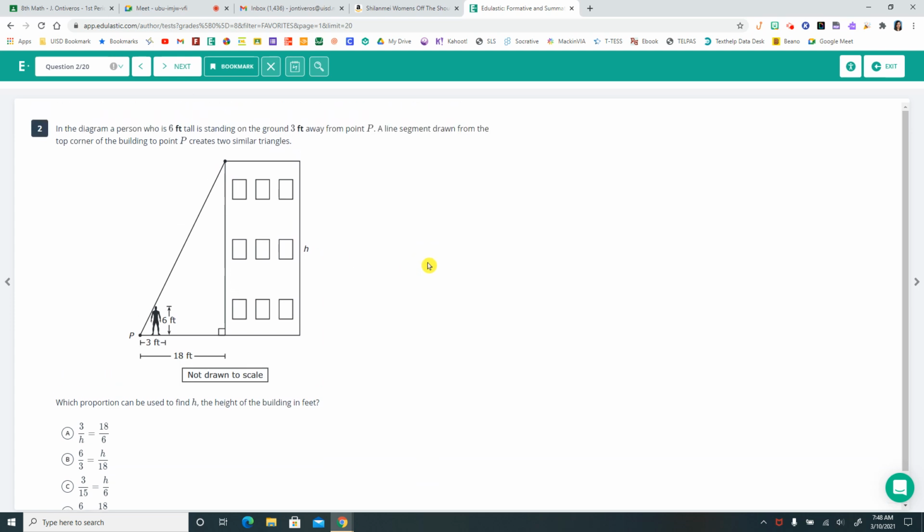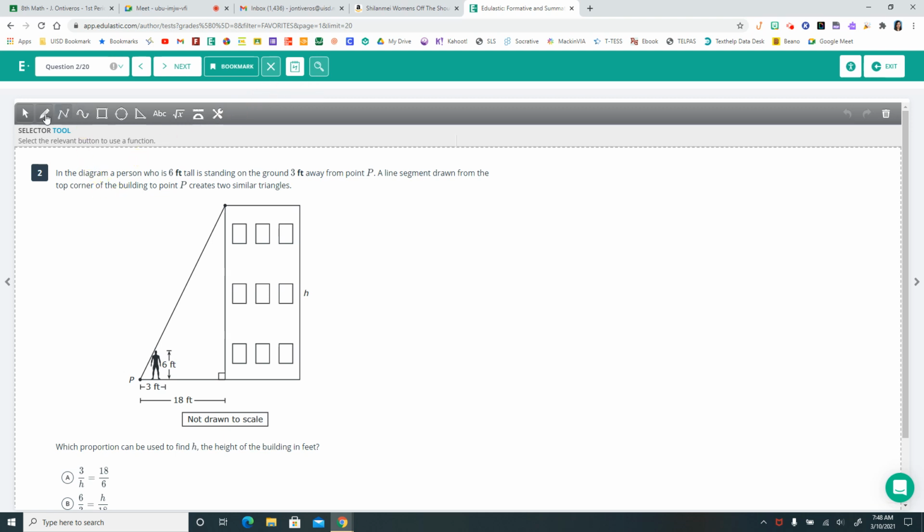Okay, for this one, you're going to set up a proportion. So they're telling you that a person is 6 feet tall and is standing on the ground 3 feet away from point P. So notice that you can match the height of the man with the height of the building.